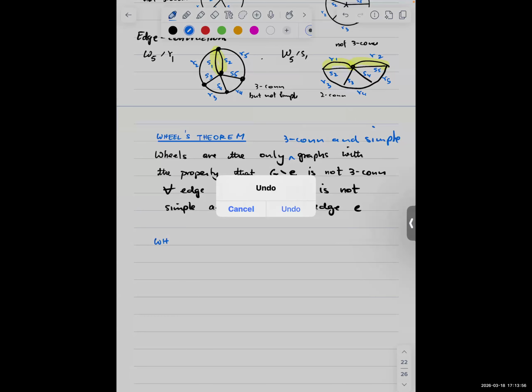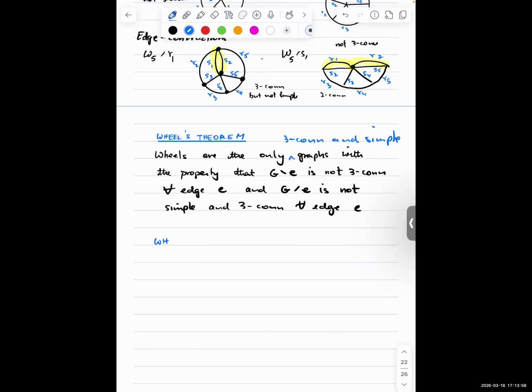I don't know what it is with this theorem, every time I say it incorrectly. But I have like 5 versions of it too. So this is the Wheels theorem, top-down version.